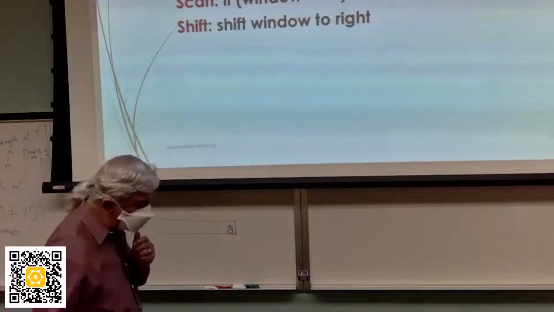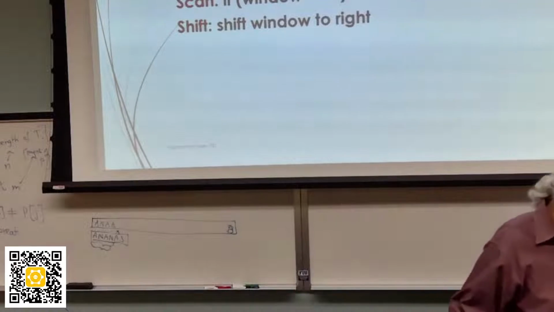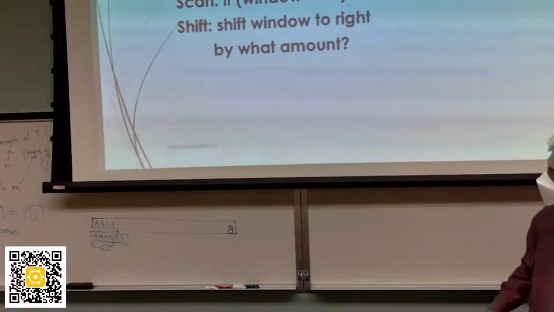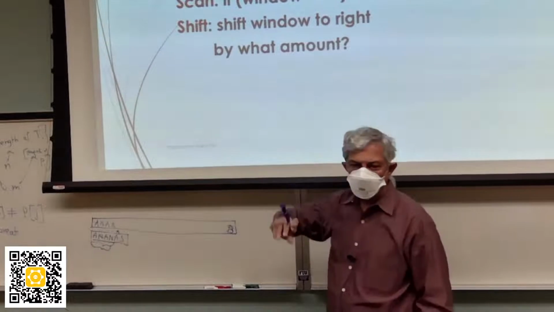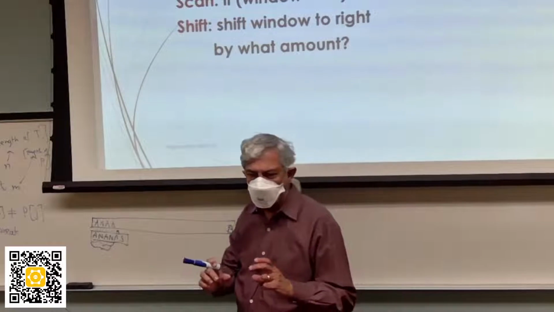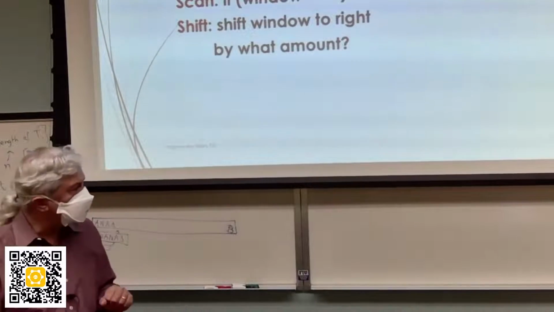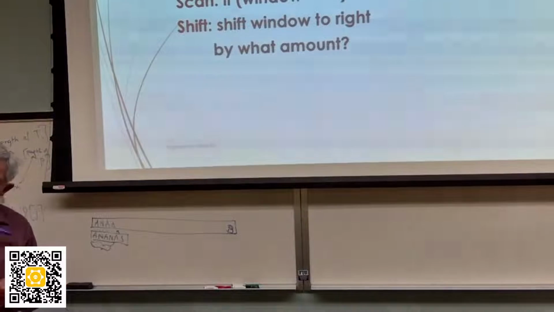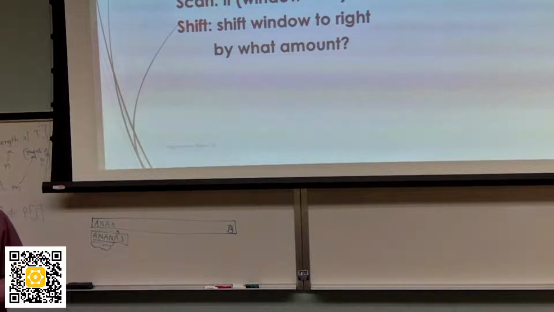The only difference now is that I am going to figure out how much to shift the window by, and one more trick I'm going to do is I'm going to never go back to the start and recheck. I'm going to stay where I am and continue.